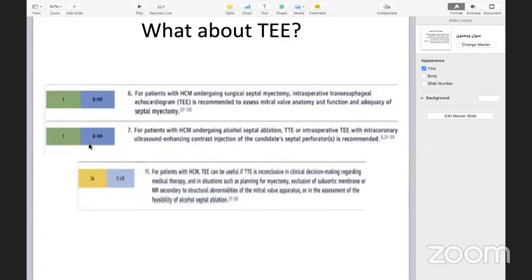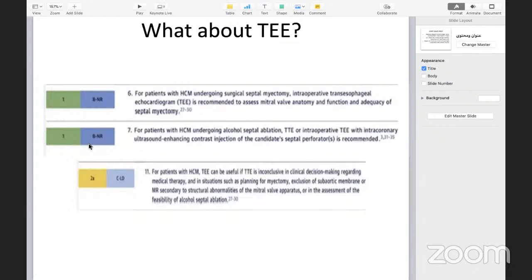And for the TEE, the guidelines mention that we don't usually do TEE unless the transthoracic echo is inconclusive, or if you are operating on the patient. So if the patient is fit for surgery, then you have to do, for example, a pre-op TEE just to show the pattern and the different characteristics that we have mentioned earlier, and also to make sure that the mitral valve is okay.